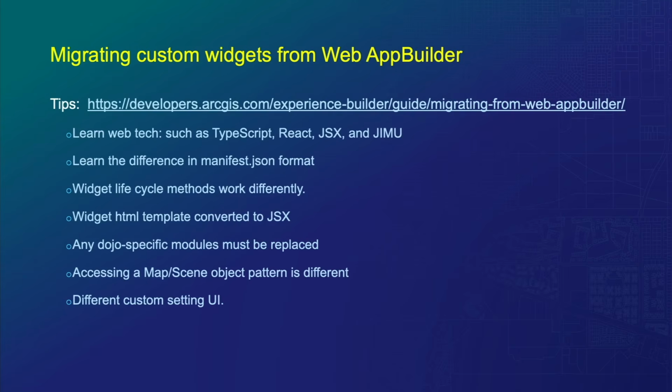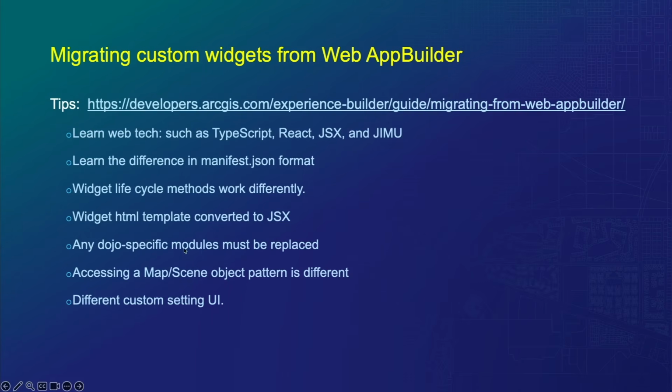And also, the widget lifecycle works differently. Then, widget HTML templates used in Web App Builder are now converted to JSX. JSX is a syntax extension to JavaScript. It is recommended to use with React to describe what the UI should look like.